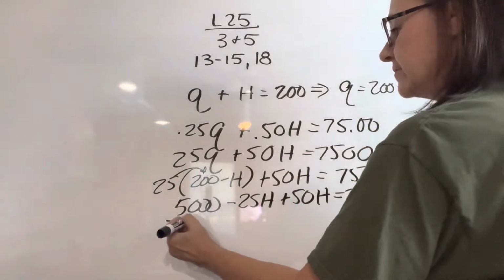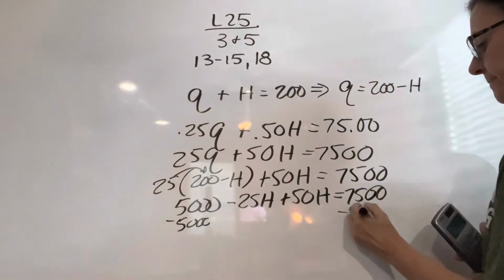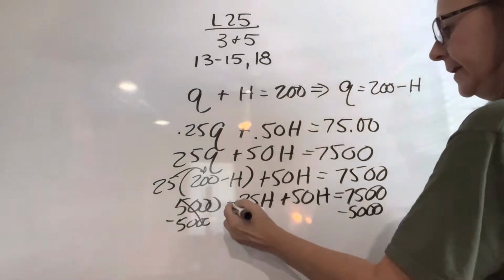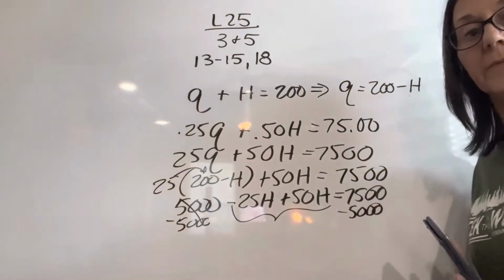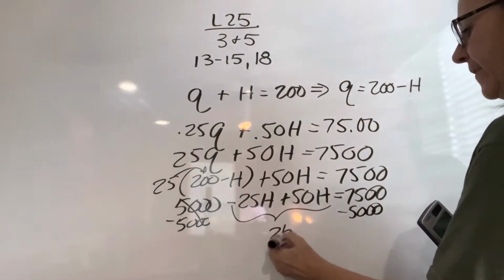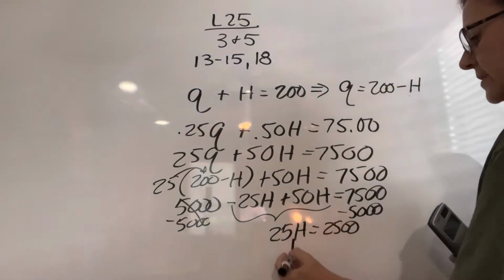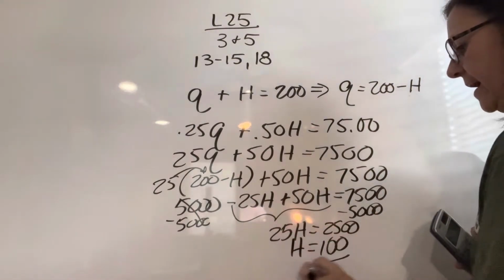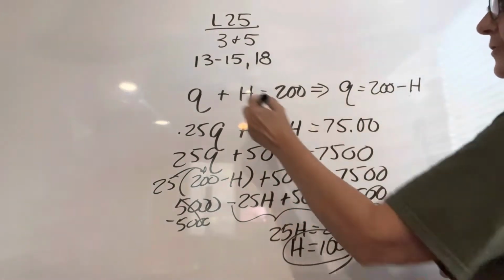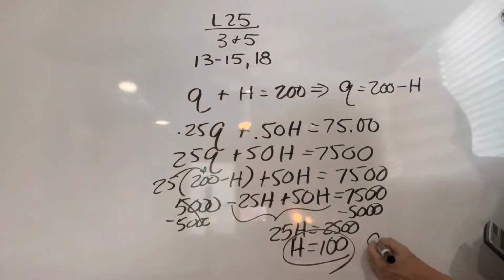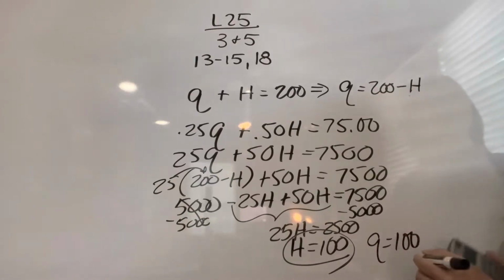Subtracting the 5,000 from both sides and combining my like variables, I have 25H is 2,500. So I have 100 half dollars. If I have 100 half dollars, then I have 100 quarters.